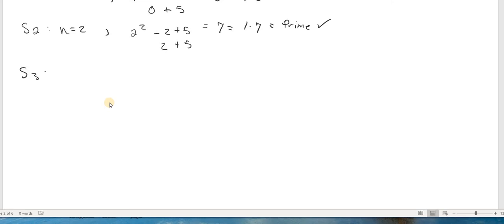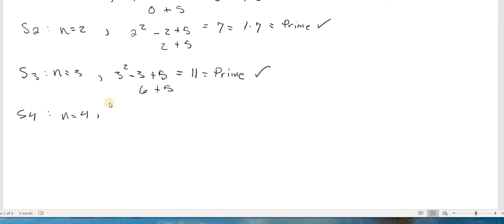Let's check 3. We left off at 3. So does it still work for 3? Let's see. 3 squared, take away 3 plus 5. 9 take away 3 is 6. 6 plus 5 is 11. Yep, this is also prime. Let's see, I guess 4.